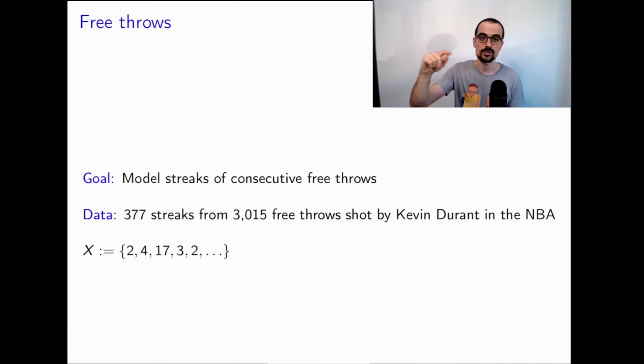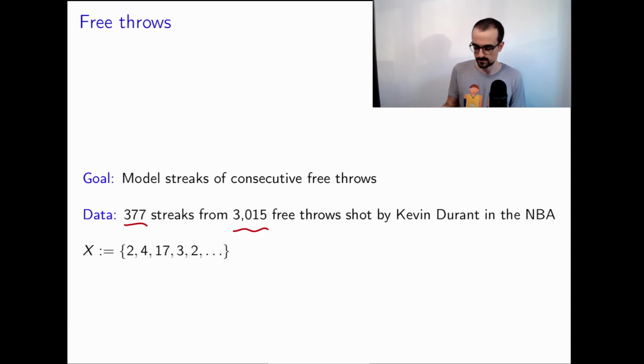Okay, we want the distribution of the number of free throws that Kevin Durant is going to make before he misses. Our data were 376 streaks, so each streak is a certain number of free throws that he made without missing, that were obtained from the first 3015 free throws shot by Kevin Durant in the NBA.